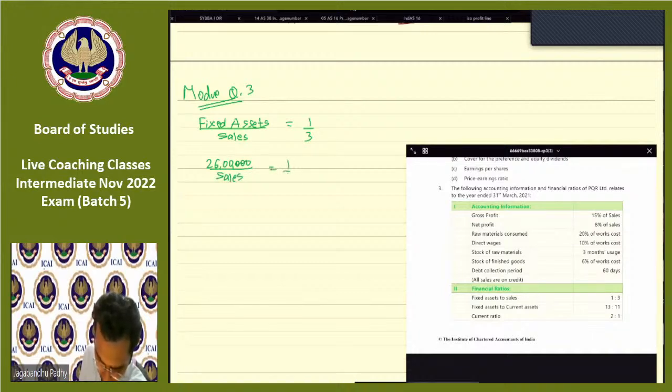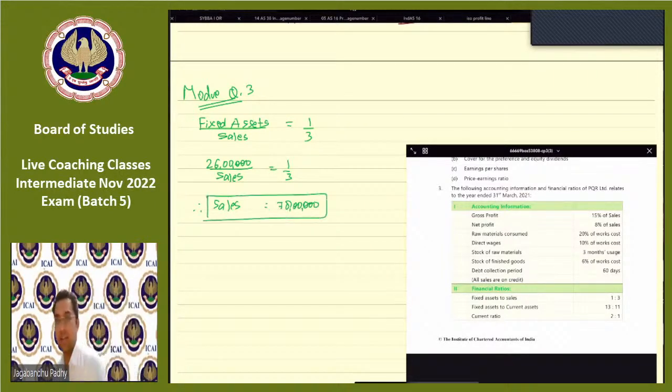On sales is 1/3. So from that we get the value of sales, guys. So sales will work out to be 26 into 3, which is 78 lakh. Okay, sales is 78 lakh. Now connected with sales, you find a lot of numbers over here.